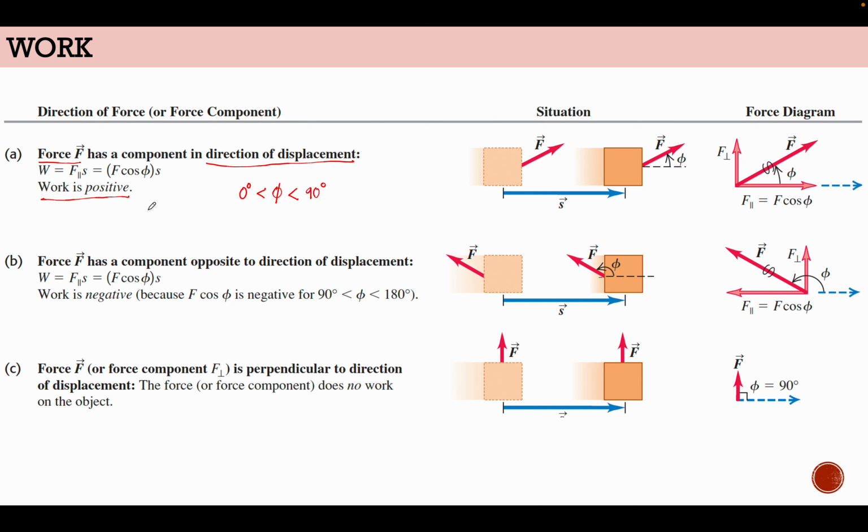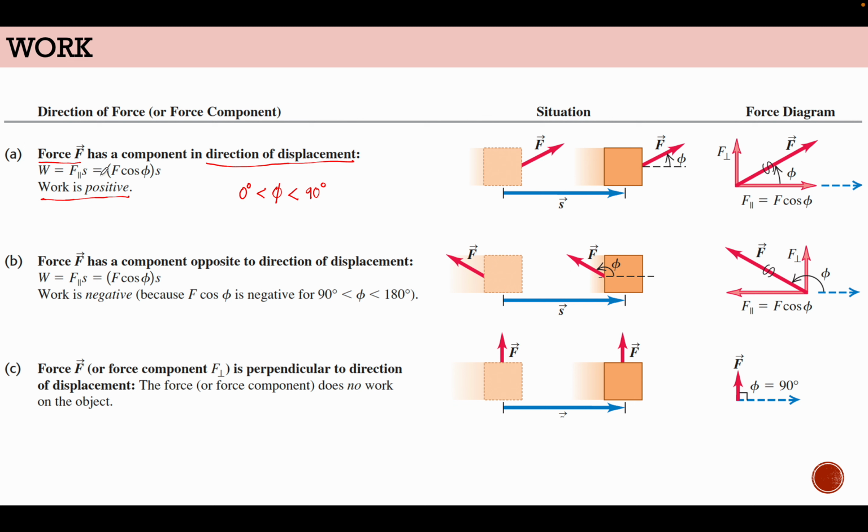but less than 90 degrees, because cosine of 90 is equal to 0. So there will be no work done if the angle of our force is equal to 90 degrees. So it must be greater than 0 but less than 90 degrees.